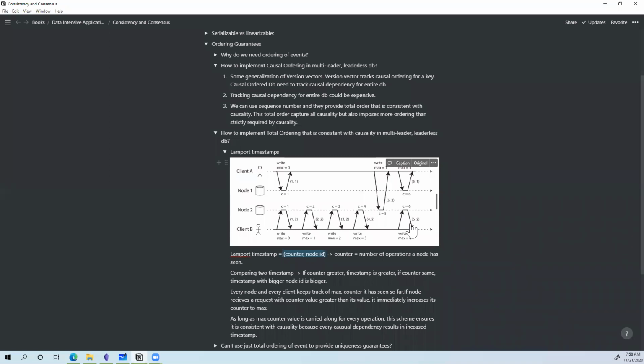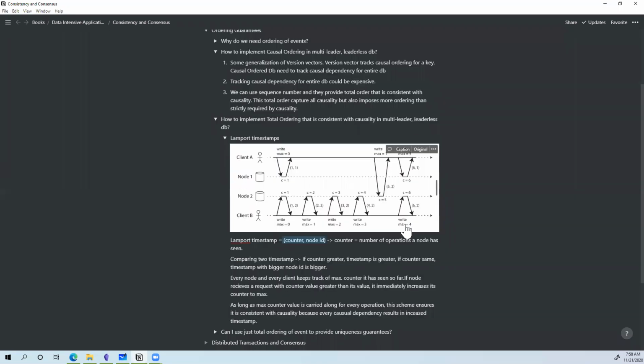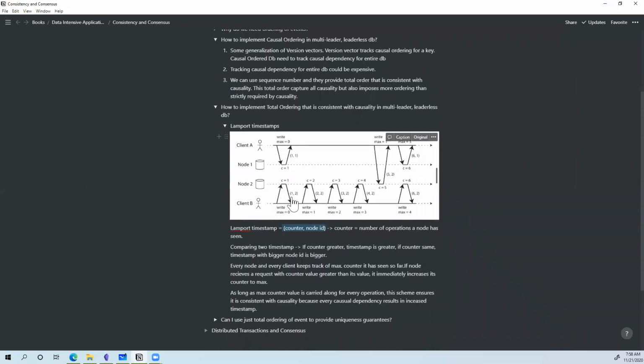So now we have these various timestamps: 1,1; 6,1; 5,2; 1,2. How do we order these timestamps? The logic is that you compare the counter, right?